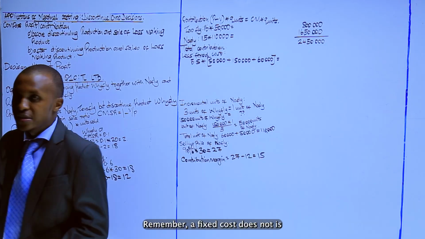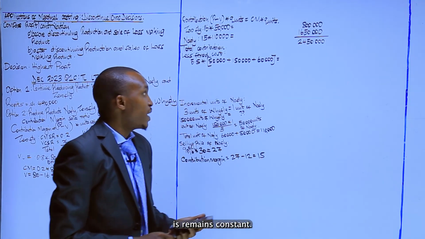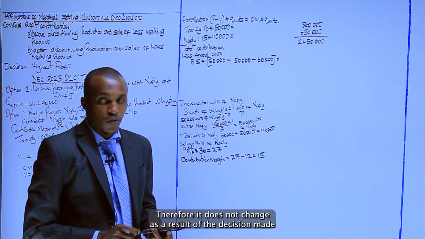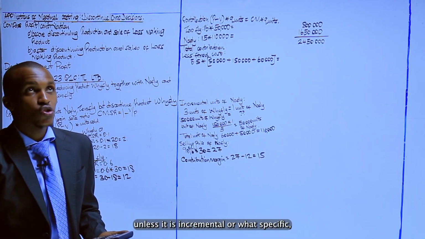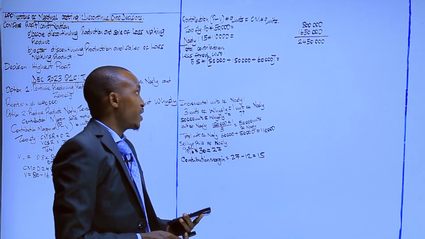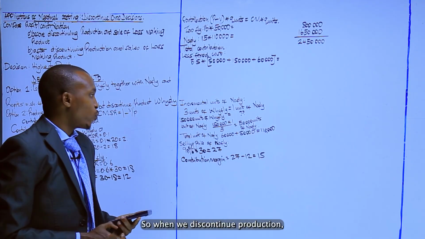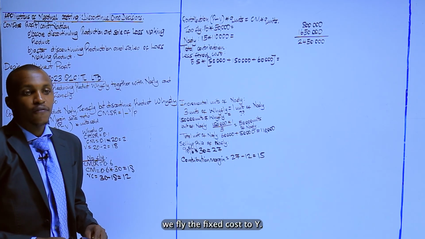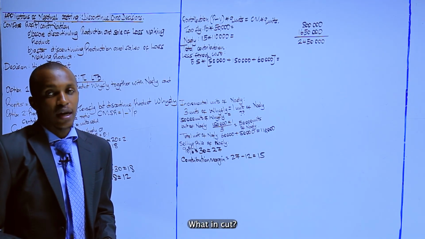Remember, a fixed cost remains constant. Therefore, it does not change as a result of the decision made unless it is incremental or specific. So when we discontinue production of Y Fly, the fixed cost of Y Fly will still continue to be incurred.